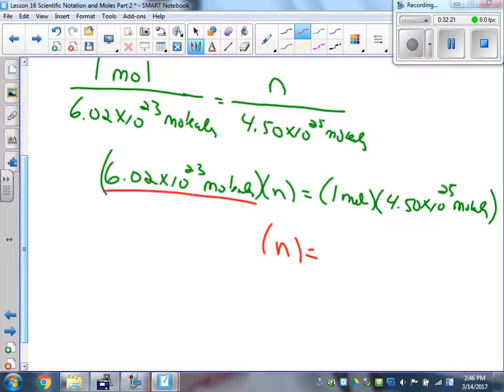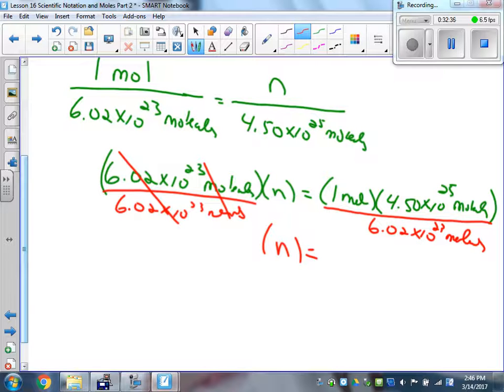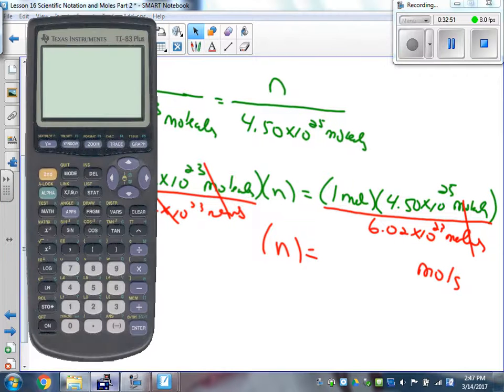I divide by 6.02 times 10 to the 23 molecules, and I divide over here by 6.02 times 10 to the 23 molecules. So molecules cancels, and I'm left with moles. I need to divide 4.50 times 10 to the 25 by 6.02 times 10 to the 23. To do that, my calculator's probably turned off.